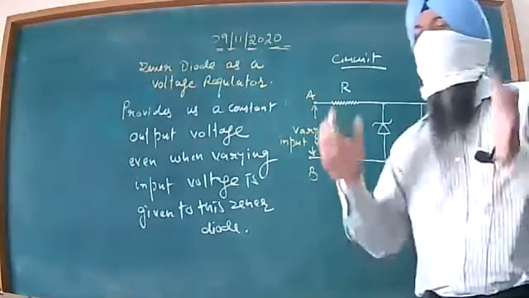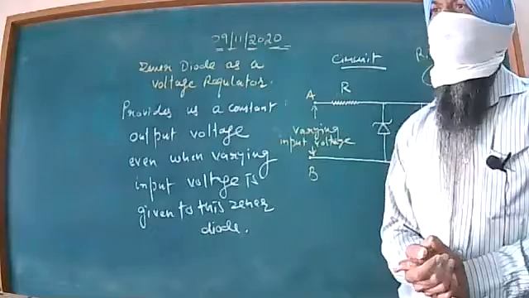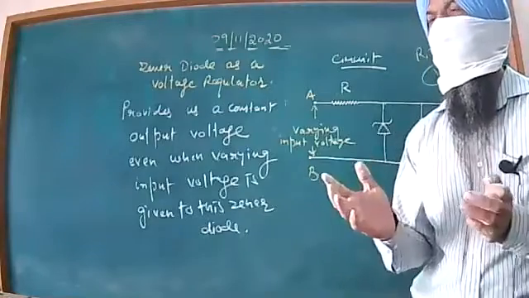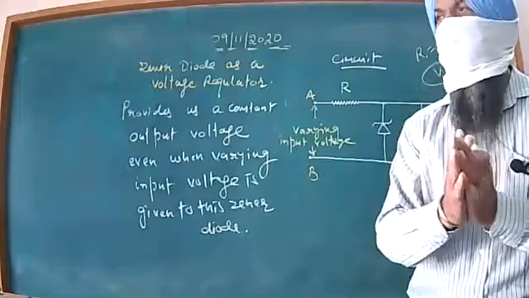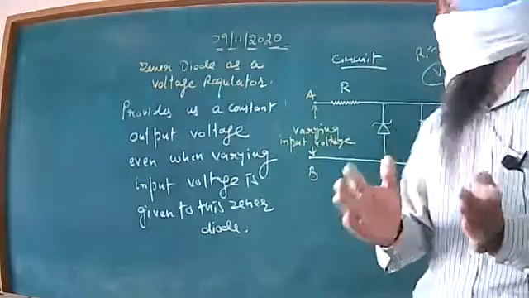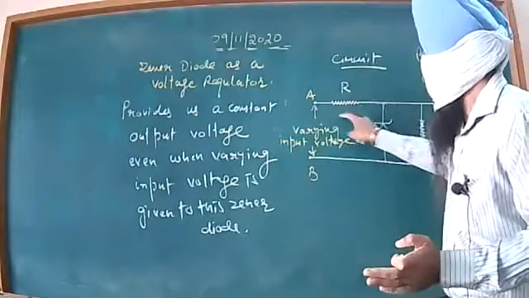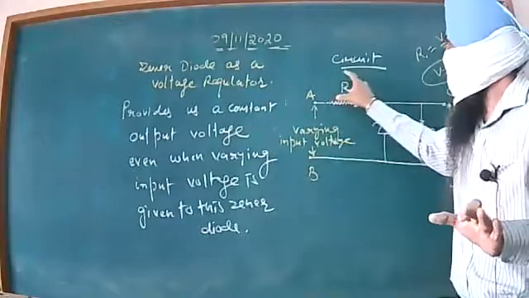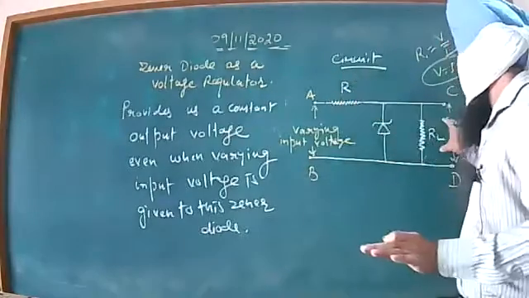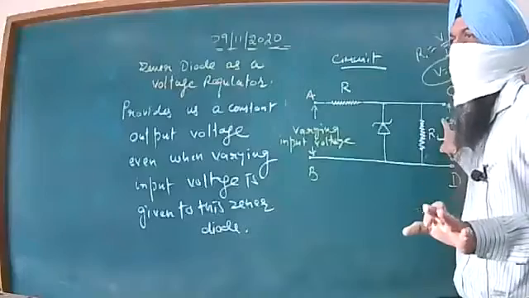So beta, in a nutshell, if the input voltage is low, across this dropping resistor the voltage drop will be less, and here we will get some fixed value of output.